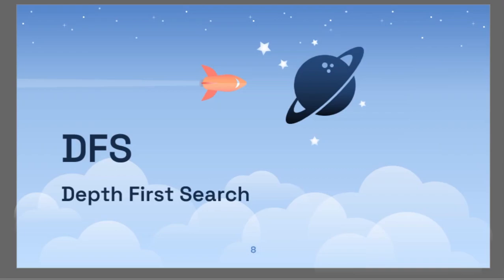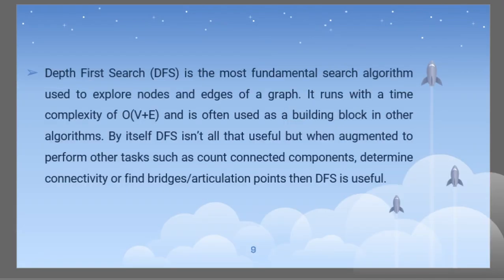Next, we have the DFS or the depth first search. So, depth first search is the most fundamental search algorithm used to explore nodes and edges of a graph. So, dahil meron tayong keyword na nodes, so automatically, the data structure that is suited for this algorithm is the linked list data structure.